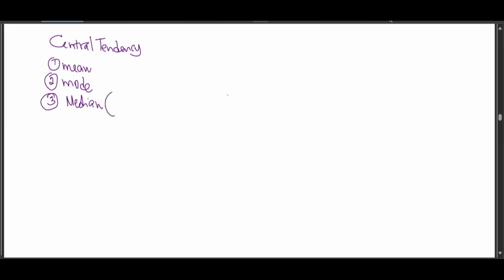Mind you, we said the median is a middle value, but the data has to be arranged from small to big. The mode is the number that appears most. Whereas the mean is the sum divided by the total.